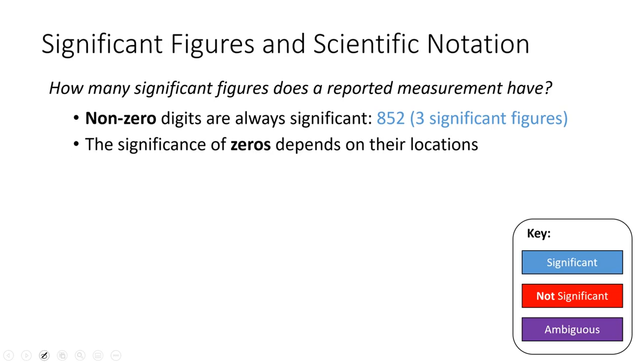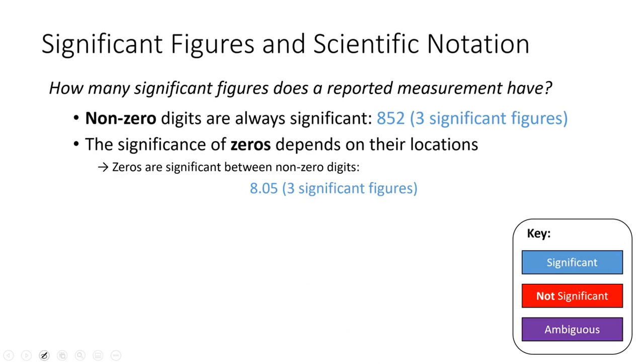Here are the rules for dealing with zeros. First of all, if they're between non-zero figures, they're always significant. Here I have a 0 between an 8 and a 5, so I would have a significant 0 there and 3 total sig figs.